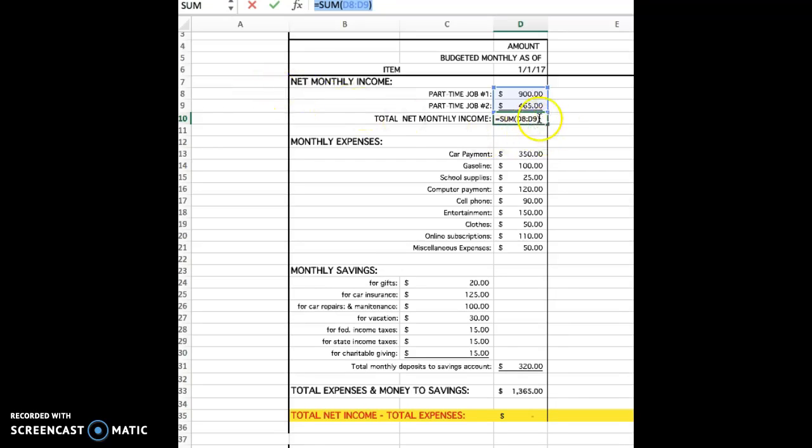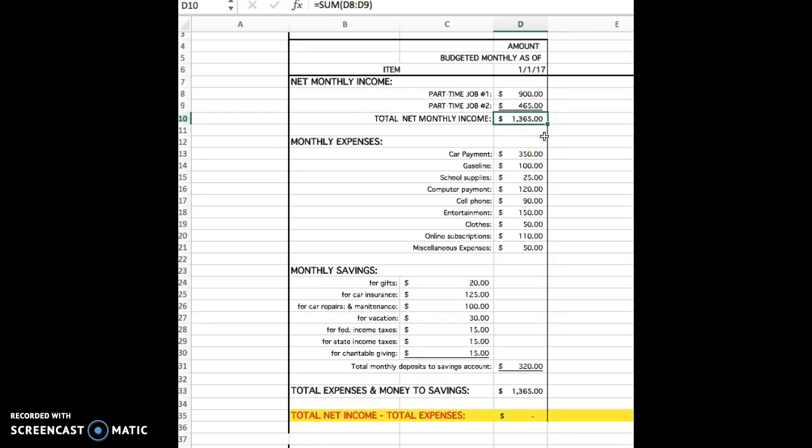The D8 and the D9 deal with the formula and the cells involved. So this is a total of D8, column D, row 8, and D9, column D, row 9. So this is the sum of those two cells.